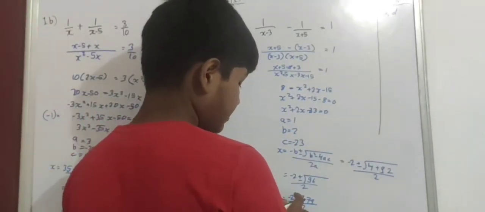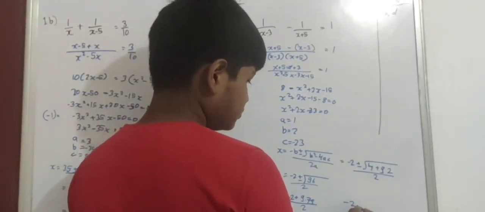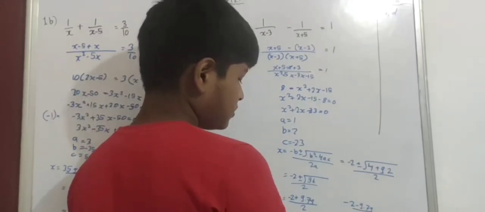Divide by 2, and this is minus 2 minus 9.79 divided by 2.